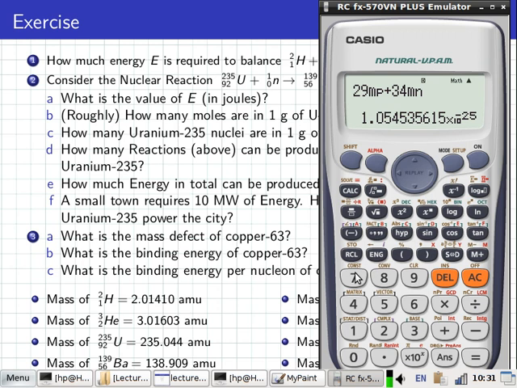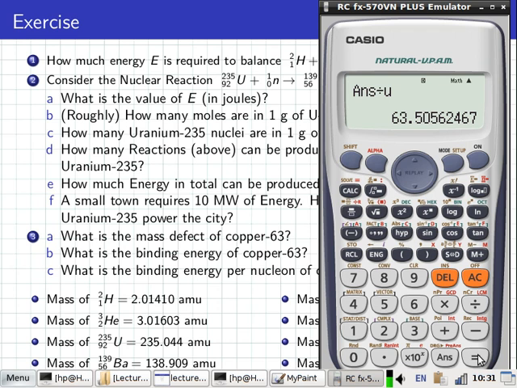Now let me convert that into AMU, so just so you can see it. What constant is the U on the calculator? It should be 63.5 AMU. Should be.